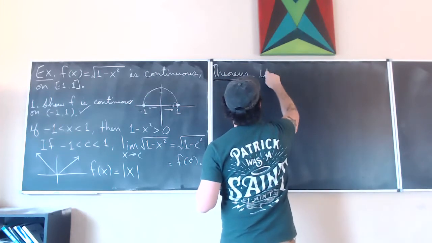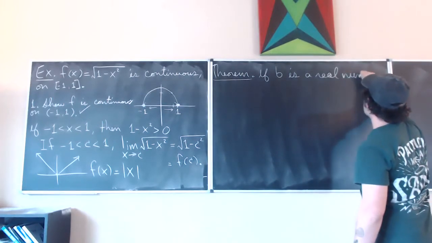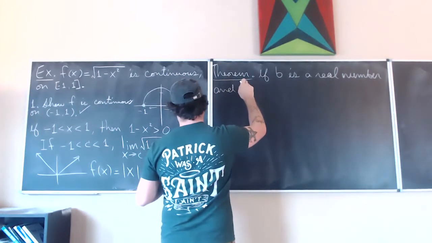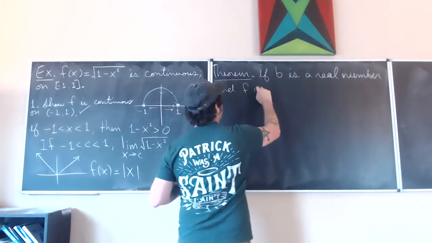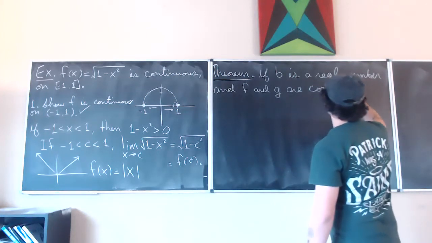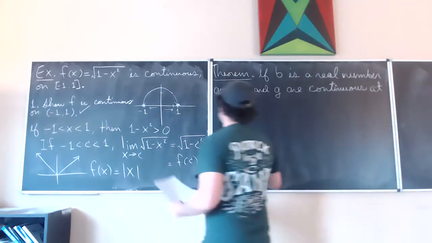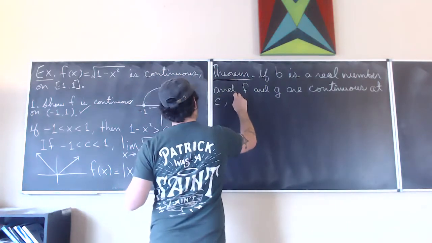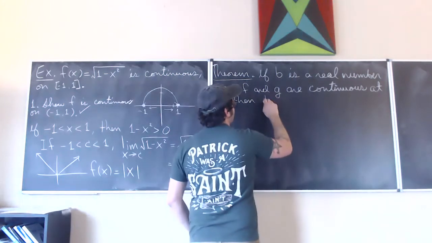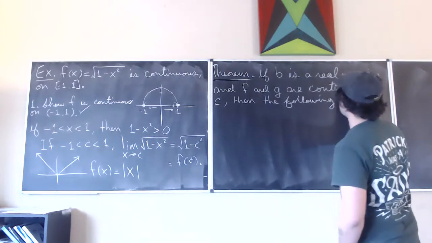So if B is a real number, and F and G are continuous at the point C, then the following functions are continuous.